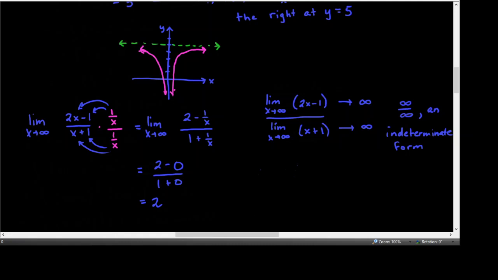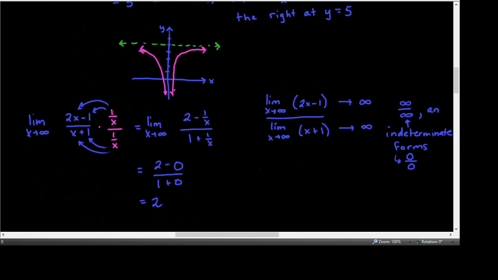There are other indeterminate forms that we will encounter. Another big one that you should know about is 0 divided by 0. Those are some indeterminate forms, two of the many that exist. And anytime you get that, when you do the limit, it might actually become a real number like 2, like we just got.